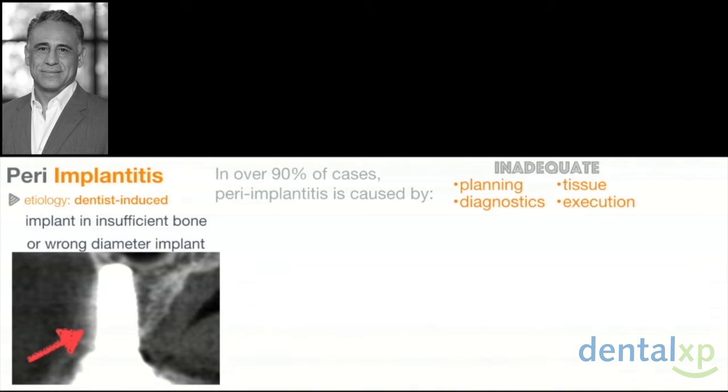First is placement of an implant in insufficient bone and choice of the wrong implant diameter, which often results in buccal dehiscence and lack of tissue coverage, and hence exposing the threads and potential issues there.